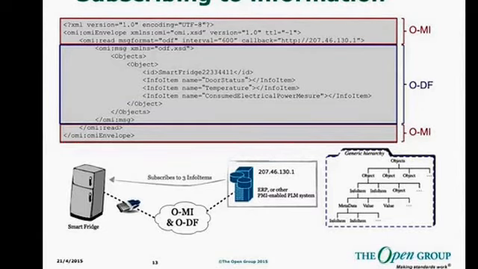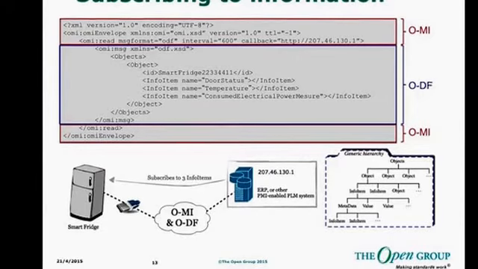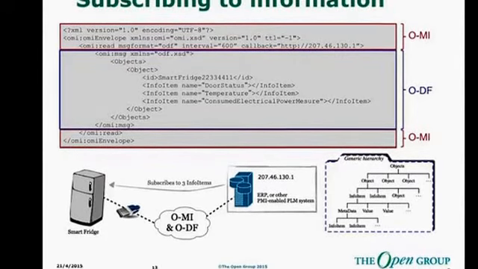So I am telling this OMI node that I want to read information from this smart fridge 22334411. And the information that I want to get every 10 minutes is the door status, the temperature, and the consumed electrical power measure.